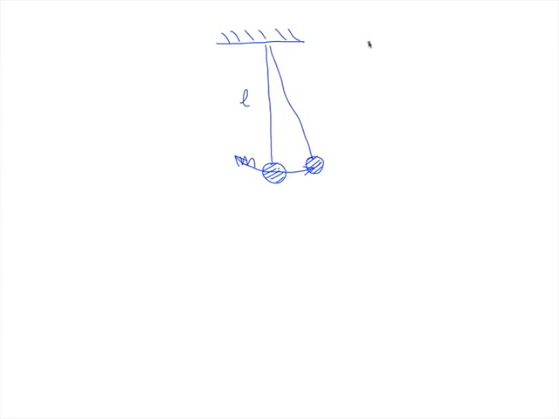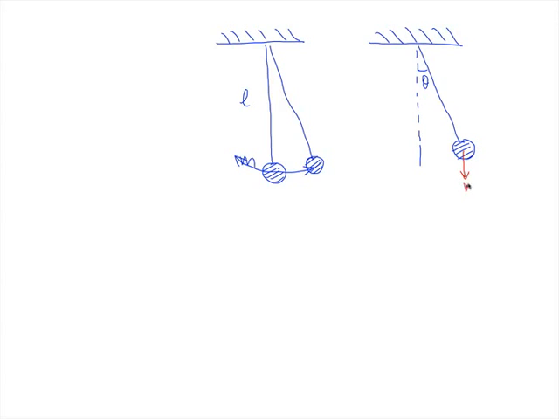Well, in order to analyze this situation and calculate the period, let's draw here a generic instant along the oscillation. Let's call theta the small angle that the thread forms with the vertical in this generic instant. And let's draw the forces that we have.